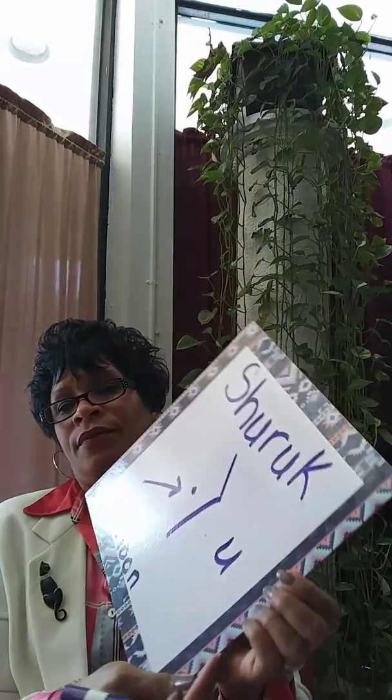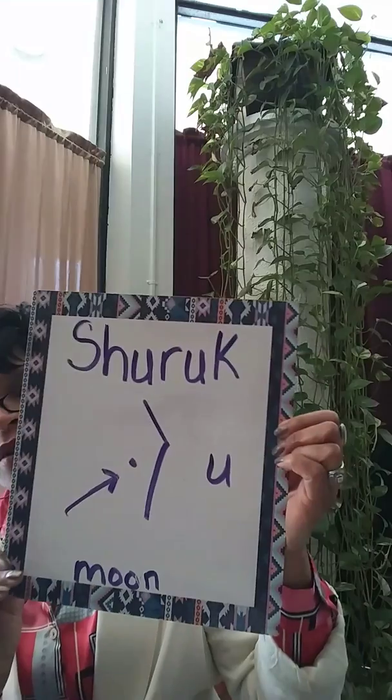Now this Shahrukh also is a U. All right. It's also a U. All right. And it is as moon also. Right? A double oo sound. Moon also.